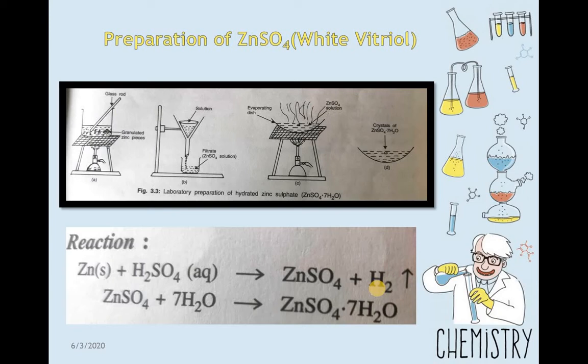Take a filter paper, put the crystals of zinc sulfate 7H2O, zinc sulfate heptahydrate, dry them in between the filter paper, and you will finally get white needle shaped crystals of hydrated zinc sulfate, commonly known as white vitriol.